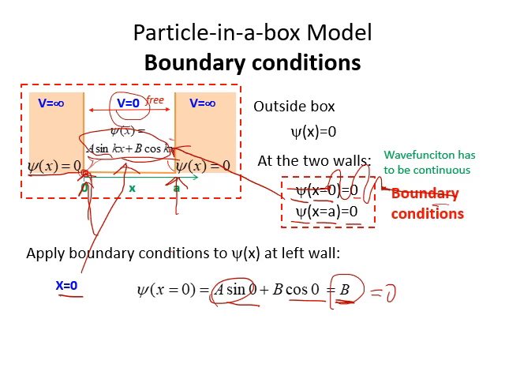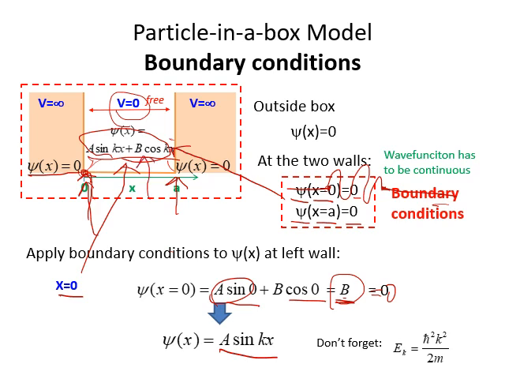So at this point it must be 0. This gives B equals 0. Therefore, in order to meet the boundary condition on the left side, B has to be 0, and the wave function now only becomes A sine kx. This is the solution when it meets the boundary condition on the left side.